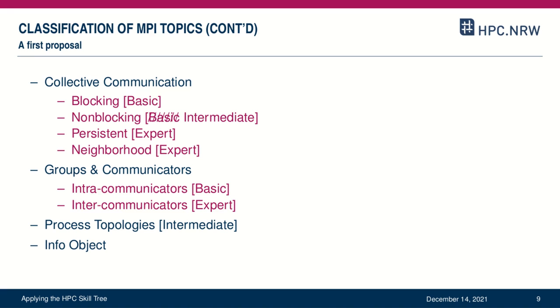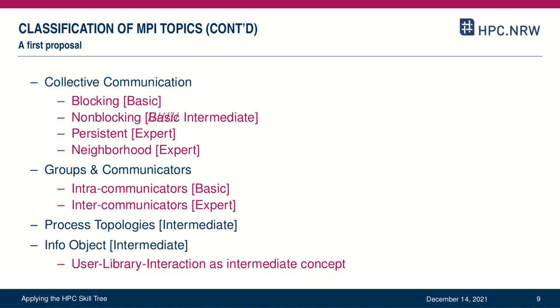Info objects as well, I would see as an intermediate topic, because at the beginning you can get by with just providing MPI_INFO_NULL to any call that allows you to provide an info object, and it's more of an exploration tool for tuning opportunities, which I'm fine with having as the idea for the intermediate knowledge level.